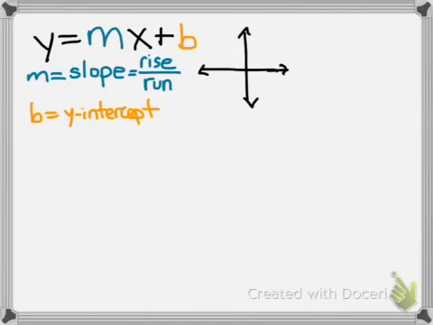So say we had b is -2, then we would go down to 1, 2, and there would be a point right there. And so if it gives you b is -2, then you can always put a point right there.